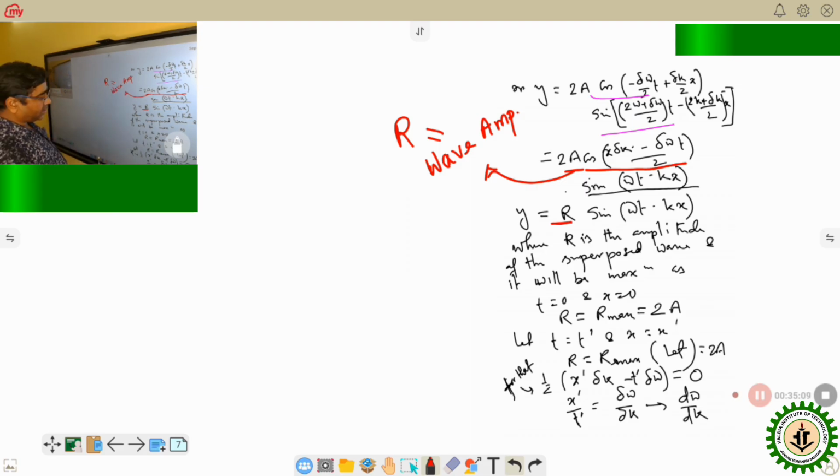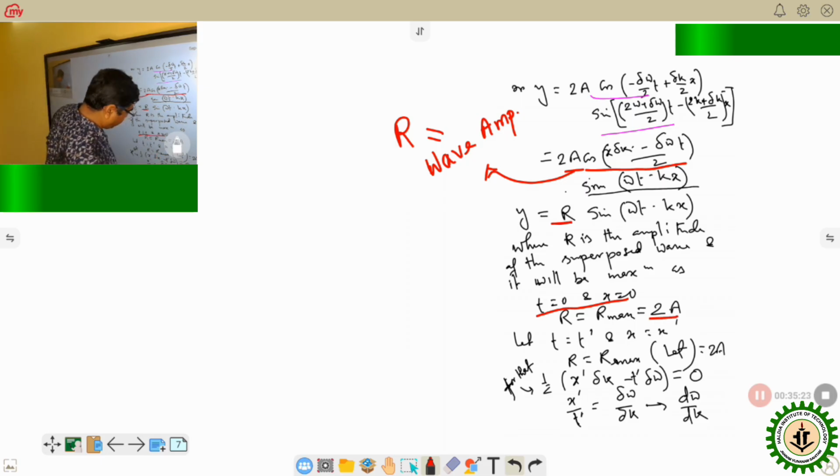Now let us find where R is maximum. R is maximum if we put t equals 0 and x equals 0; then we obtain our maximum amplitude. Let us choose another time and position where the amplitude is maximized once again.